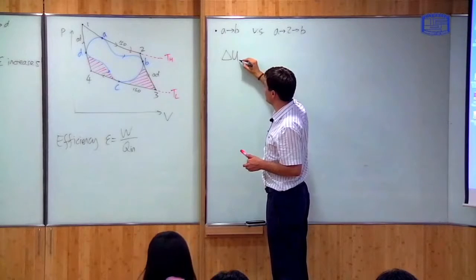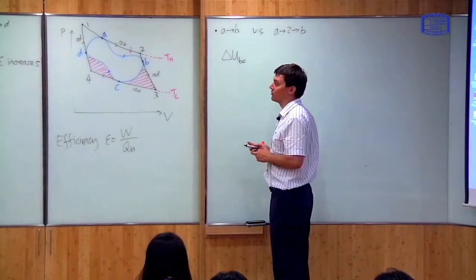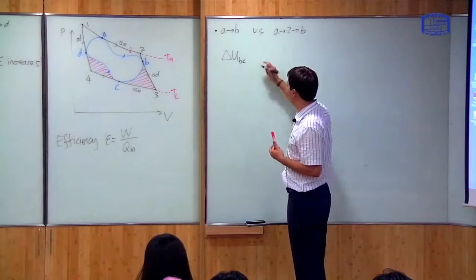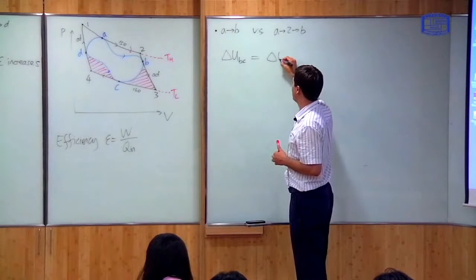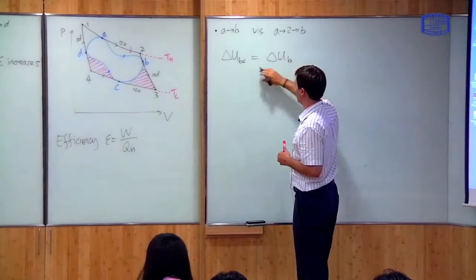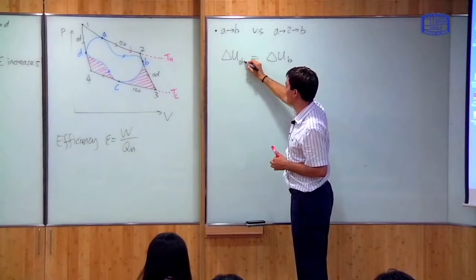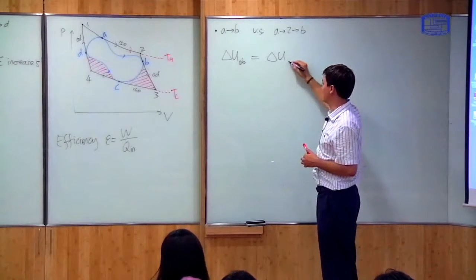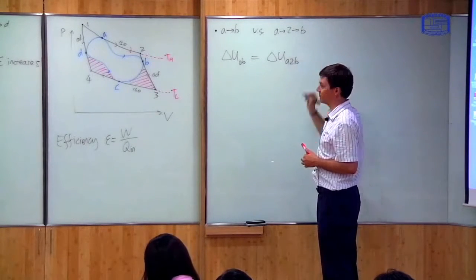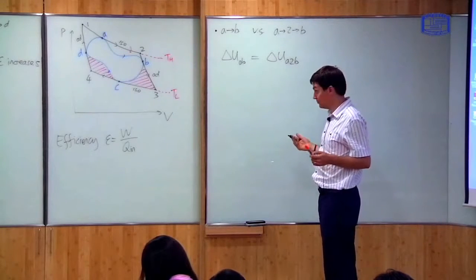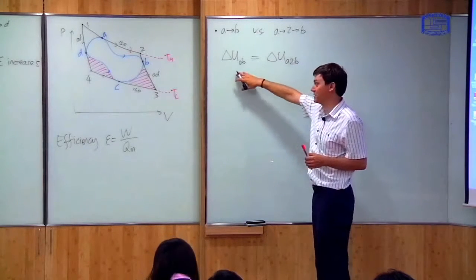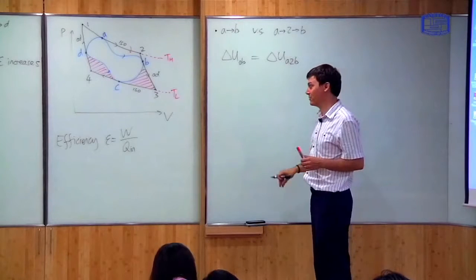The change in energy along the original path from A to B must be equal to the change in energy along the Carnot path from A to B, because energy is a state property. So this must be true.